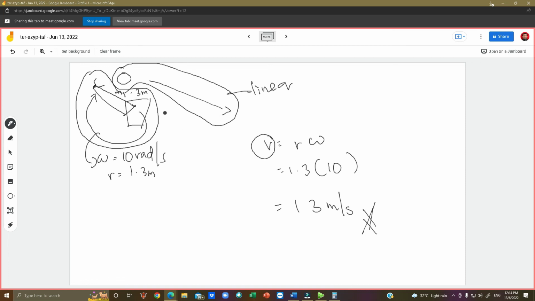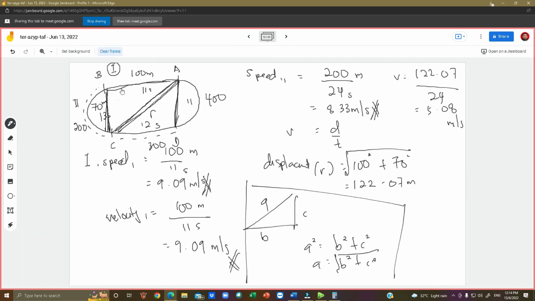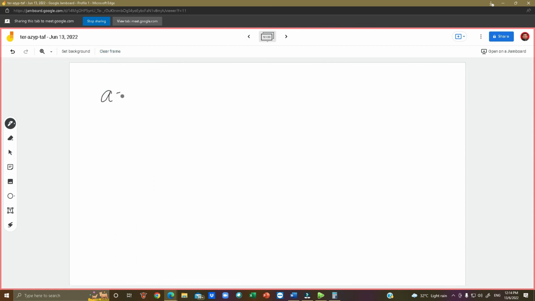Untuk acceleration tu dia lain cerita, because when we talk about acceleration, v2 minus v1 over t, if we try to have this one in term of linear, dia akan jadi 2. In term of angular, dia akan jadi tangential a equals to v2 minus v1 over t, sama.